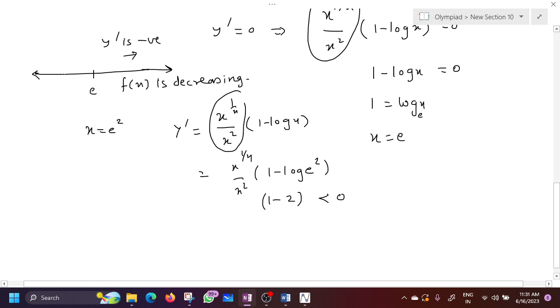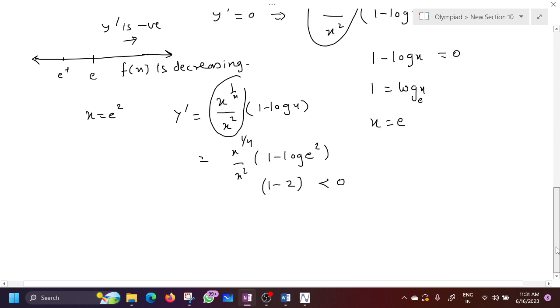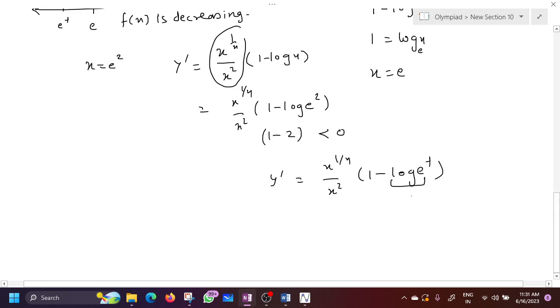I am going to take some value here which is e inverse, which is smaller than e, and put it in our equation. y dash is equal to x to the 1 by x over x square, and then you have 1 minus log e inverse. So this quantity will give you minus 1 and minus 1. So the whole thing will be positive.